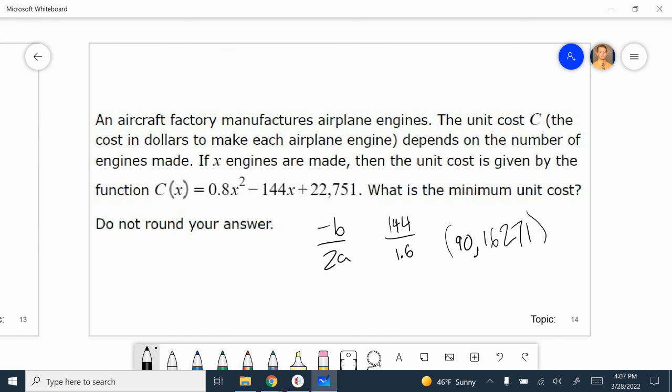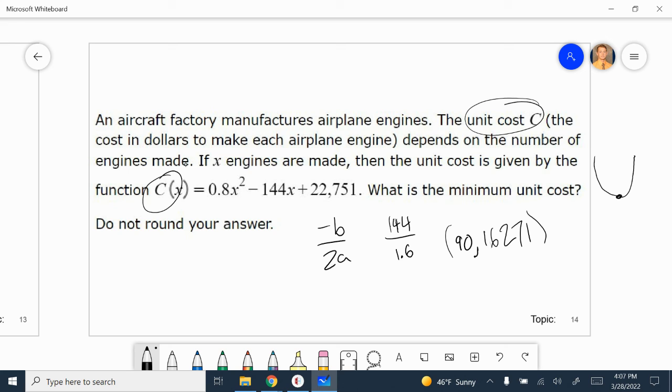That's my vertex. So basically what that's saying is my minimum unit cost, if you think about it, my parabola is going to be like this. This point would be at the very, very bottom of that parabola. My minimum cost is going to be basically the height, because the unit cost C was like my Y value.